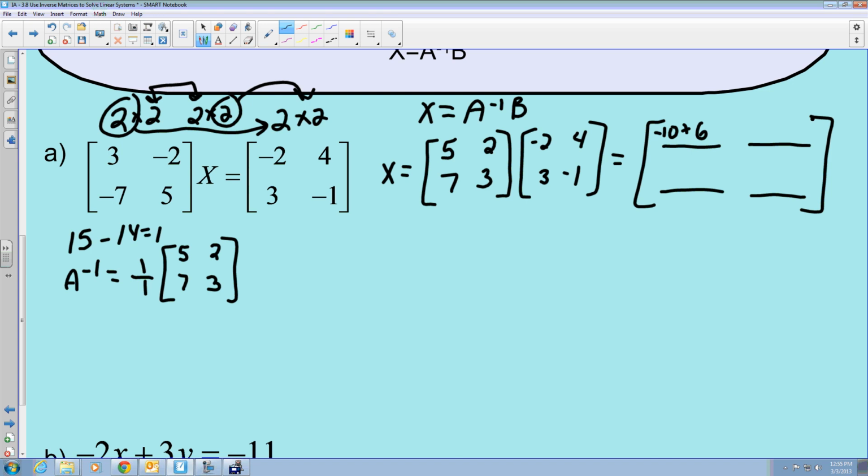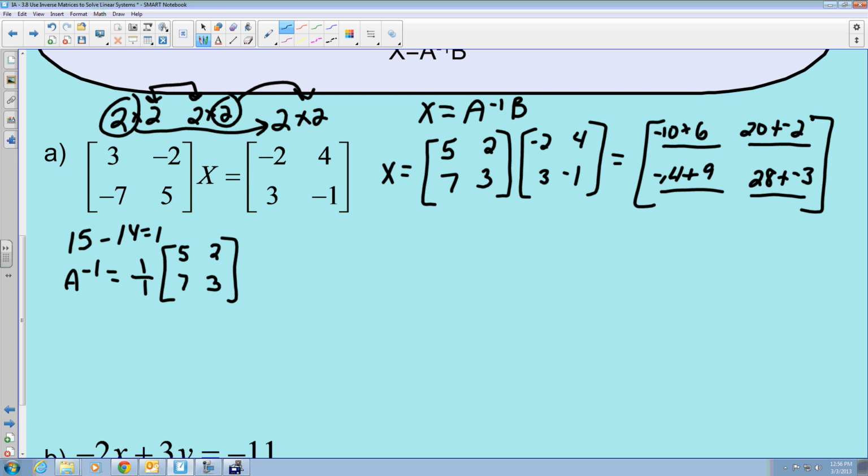So this will give me 20 plus a -2. Then row 2, column 1, so this becomes -14 plus 9. And then row 2, column 2, so I have 28 plus a -3.